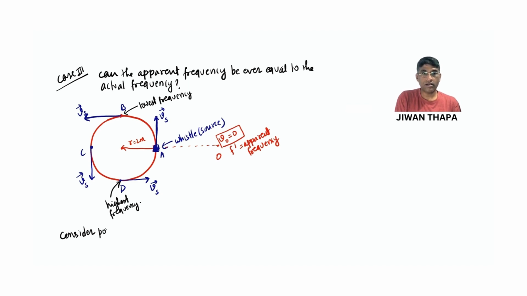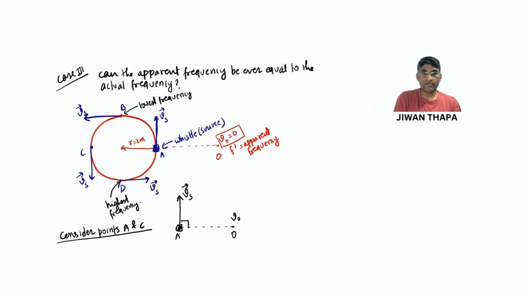Now consider points A and C. At A, we find this. We have the observer at rest.